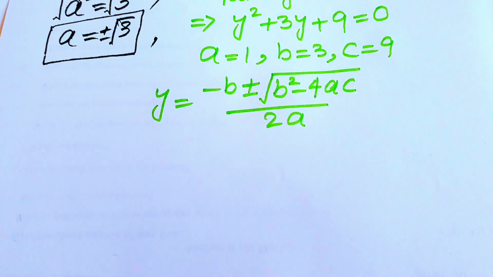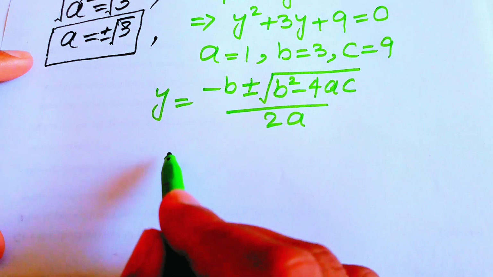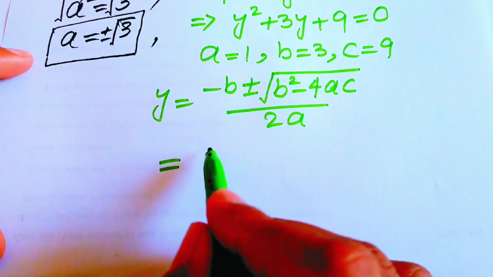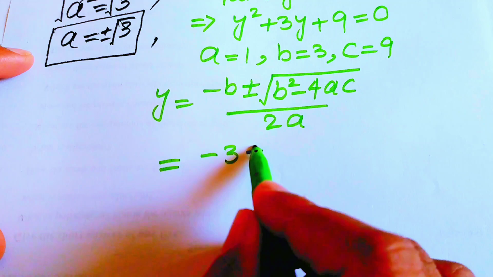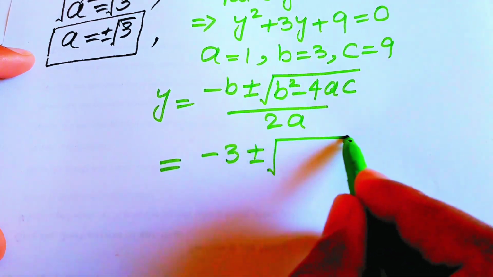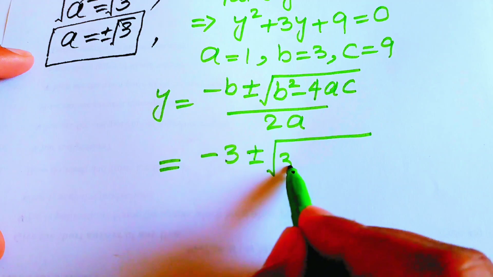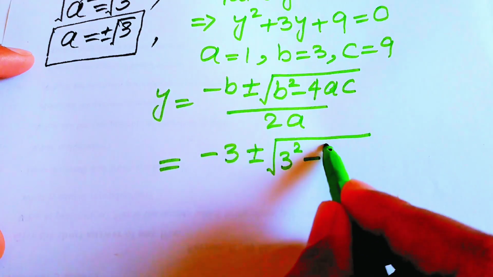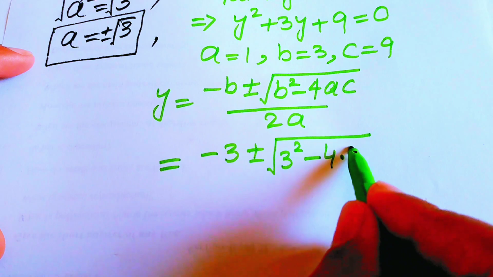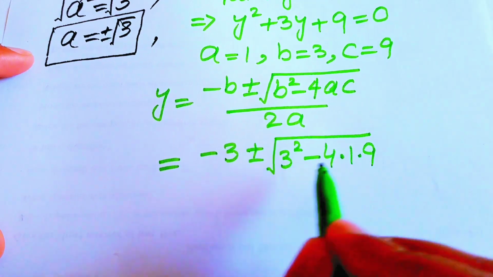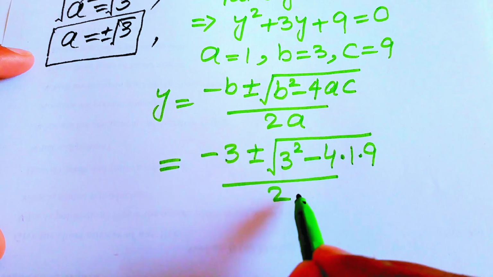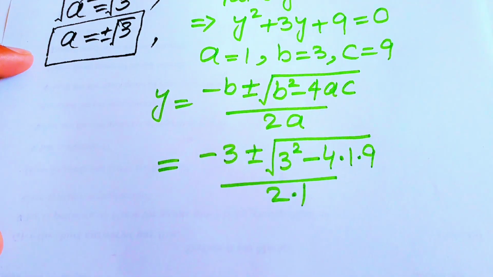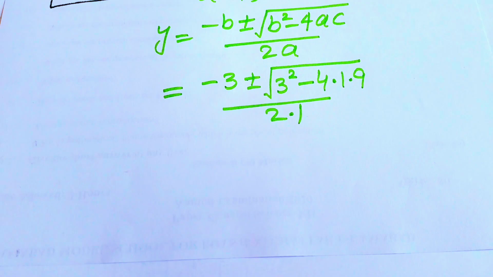And now we put the values of a, b and c in this equation, and we get minus 3 plus minus square root of b square. So our b is 3 square, minus 4 times a is 1 and c is 9, and this whole divided by 2 times a. So our a in this case is 1.